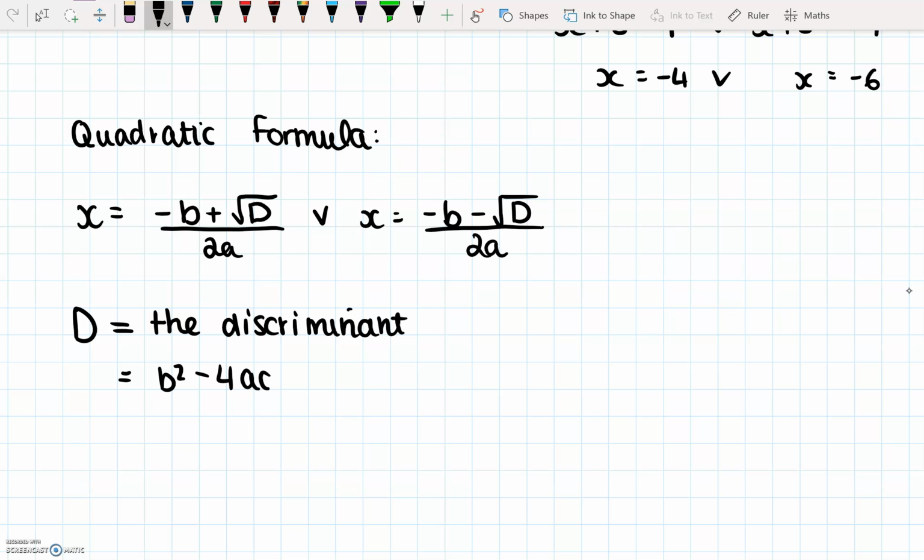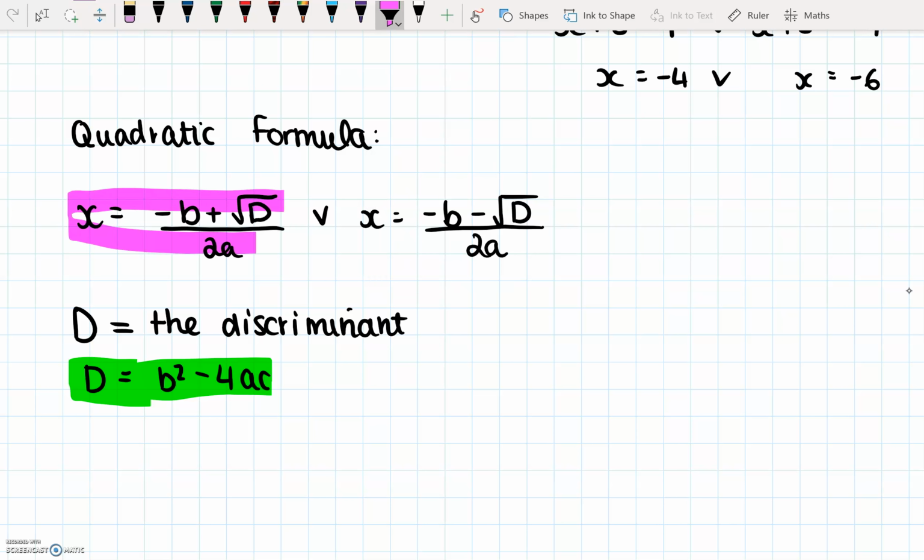So you need to learn d, and you also need to learn your values of x: x is negative b plus the square root of d over 2a, and x is negative b minus the square root of d over 2a. This is the quadratic formula.